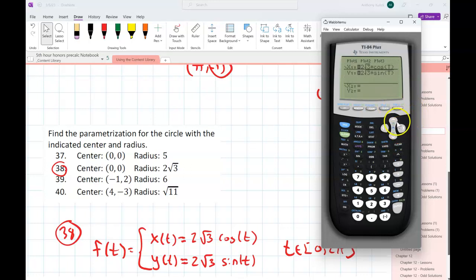I just don't know what's going on with my calculator right now. This is giving me weird outputs. I'm going from 0 to 2 pi. That's fine. My window's whatever. That's okay. This is 2 root 3 times cosine t, and 2 root 3 times sine t. That should be fine.